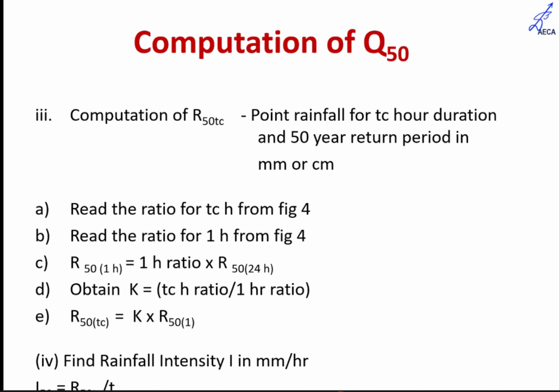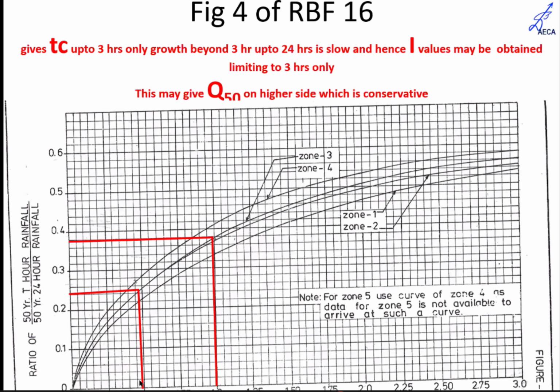To evaluate the estimate of the discharge, we need the point rainfall for the TC hour duration, that is our time of concentration, for the 50-year return period. This can be done by reading the TCH ratio from figure 4, which is given in RBF 16.